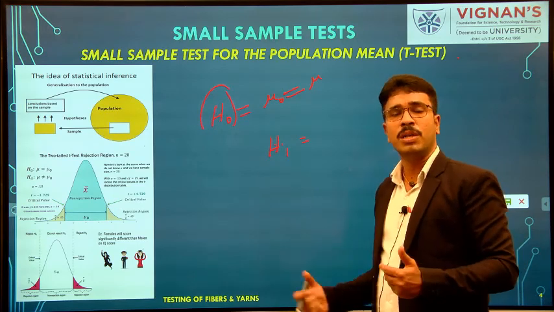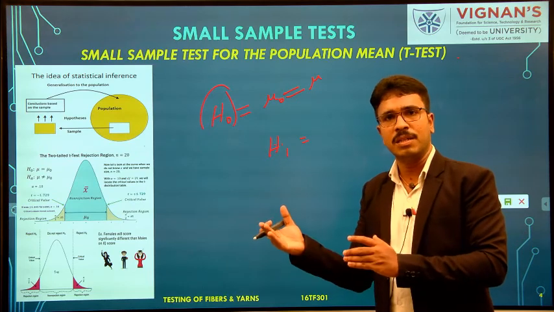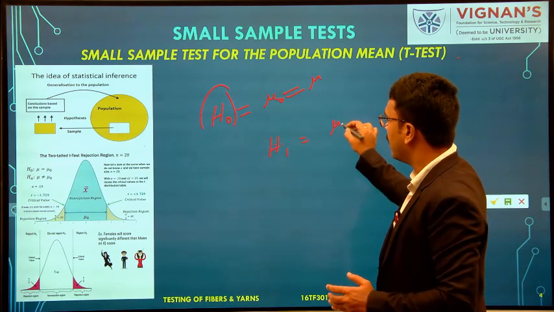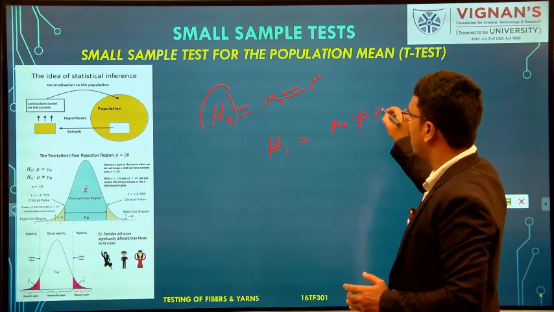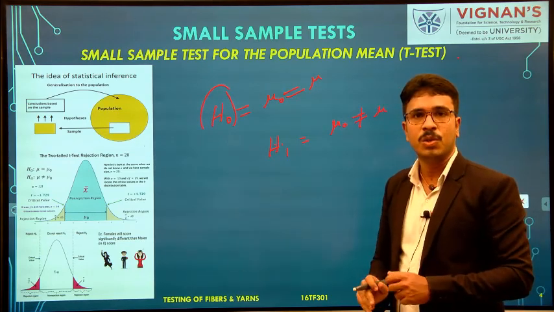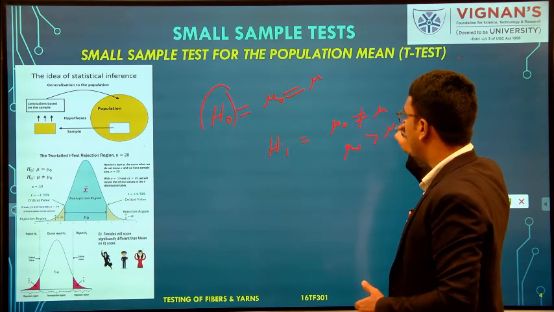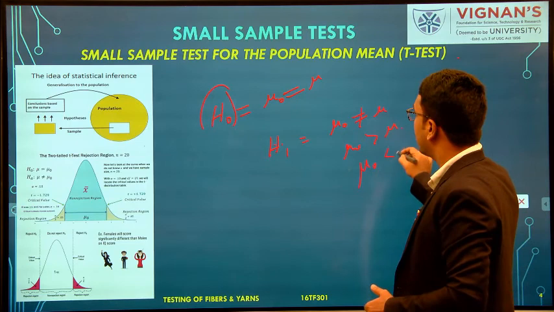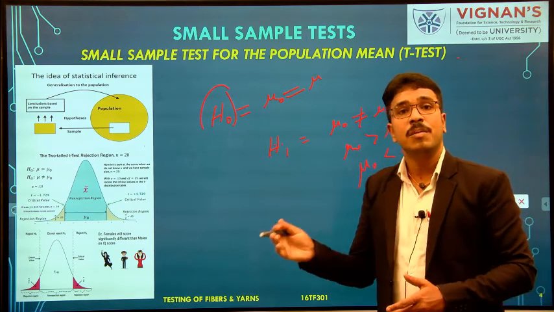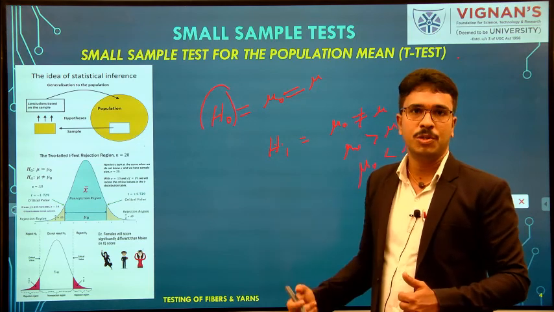When it comes to alternative hypothesis, the name itself you can understand, this is an alternate. So, we take the estimated one is not equal to the one which we have produced. If it is not equal, sometimes this may be greater than the produced one or sometimes it may be less than the produced one.